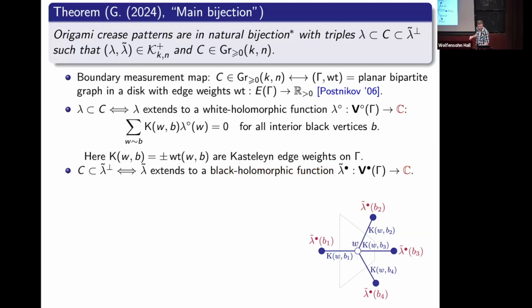And so I switch from R2 to C again, and I get a pair of complex valued white and black holomorphic functions on the same weighted planar bipartite graph.